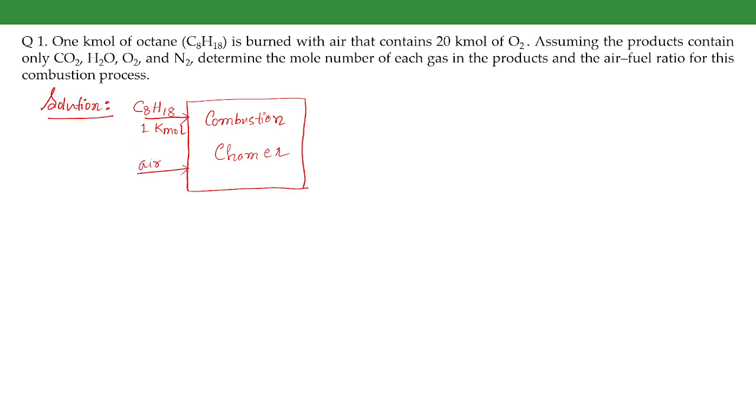Now this air, we will assume that the air is a mixture of oxygen and nitrogen with 71% of nitrogen and 29% of oxygen by volume. Okay, so it is stated that the number of moles of oxygen is 20 kilomole.